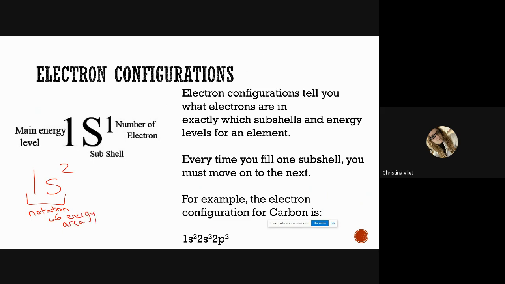And then the number up here is the amount of electrons in the sublevel. So 1s is your sublevel, and 2 is how many electrons are in that sublevel. You have to fill each sublevel completely before moving on.